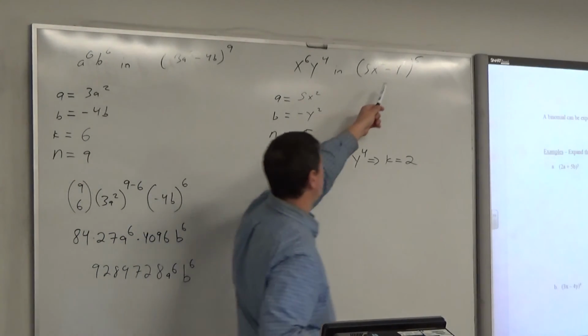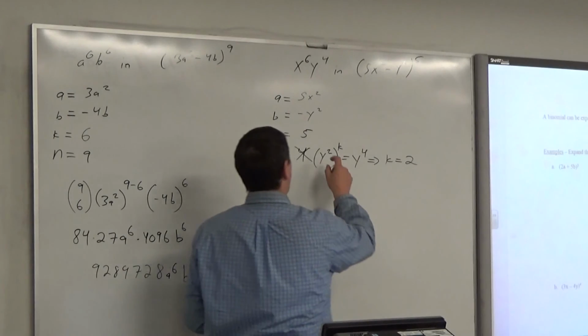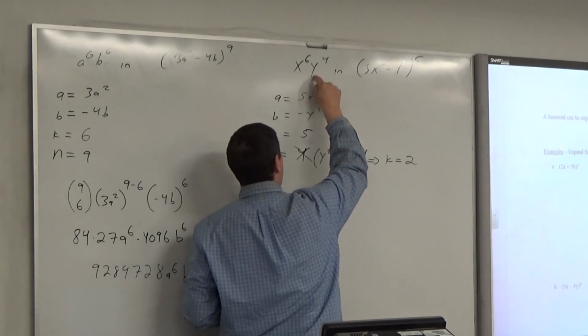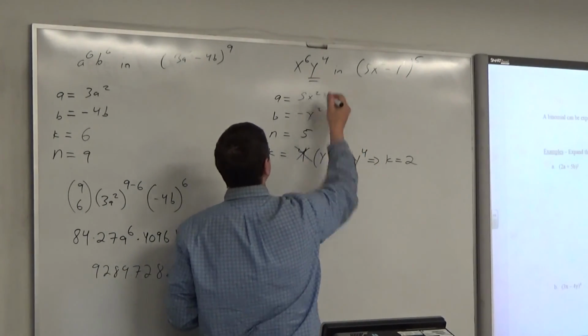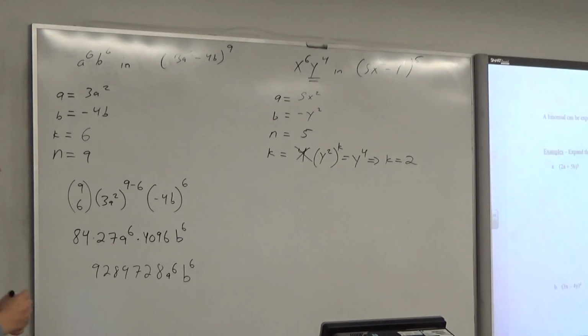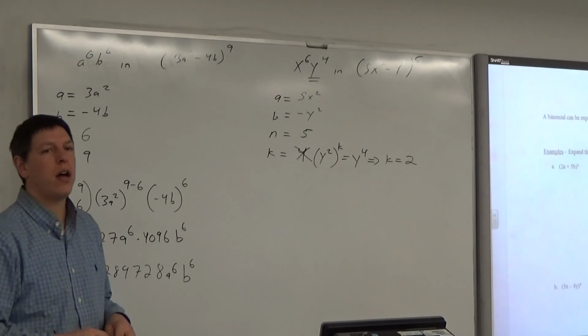All we're doing is we're just looking at this, and we're saying, what do we have to raise it to to get to this exponent right here? So it's a little bit different than some of the other ones. If it was y to the 8th, then k would have to be 4. If it was y to the 10th, k would have to be 5. y to the 12th will be 6. Right. Does that make sense to everybody, guys? Okay.